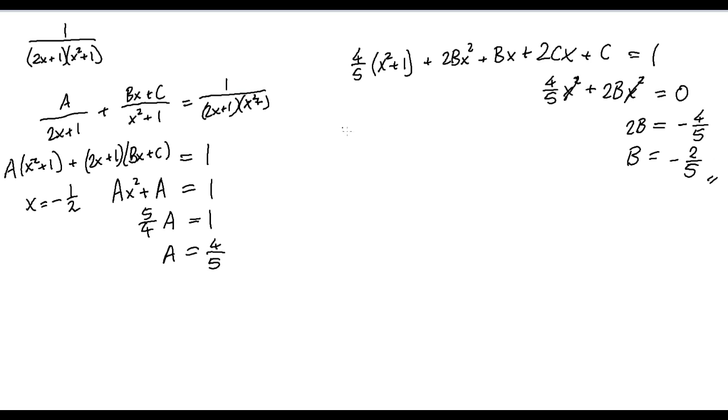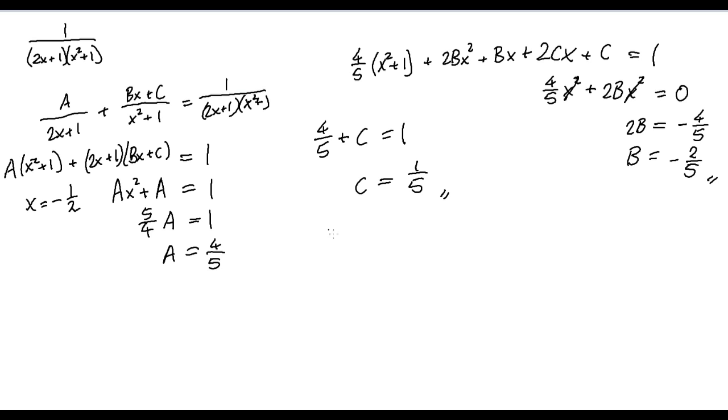Now we need to find c, and the most straightforward way is to equate the numbers without x. So 4/5 times 1 plus c equals 1, and therefore c is 1/5, and that's a, b, and c.